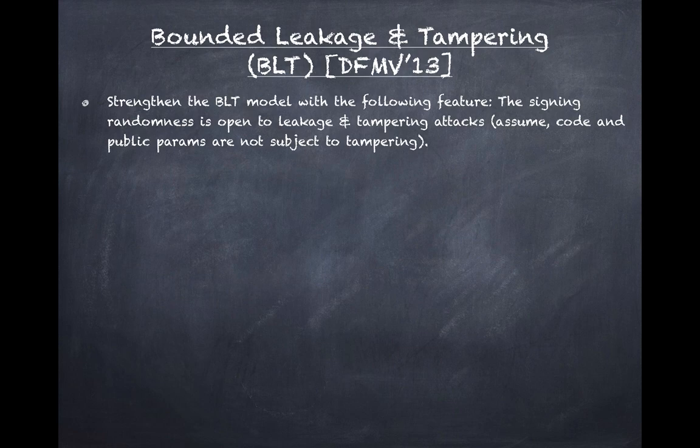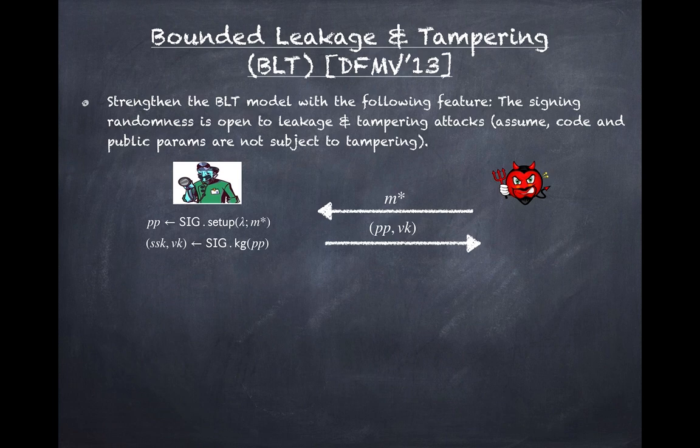To be more precise, we consider a setting where there is a challenger and an adversary, and we consider the selective unforgeability game where the adversary gives the message M star ahead of time, and the challenger produces the public parameters by running the setup with the message M star, and produces the signing key pair and gives the public parameters and a verification key to the adversary.